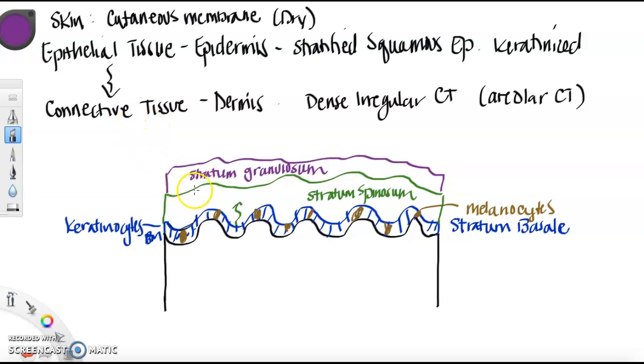And just so you know, as these cells are going up, they're dying. Right here in the granulosum, the organelles are starting to deteriorate. These are dying cells.